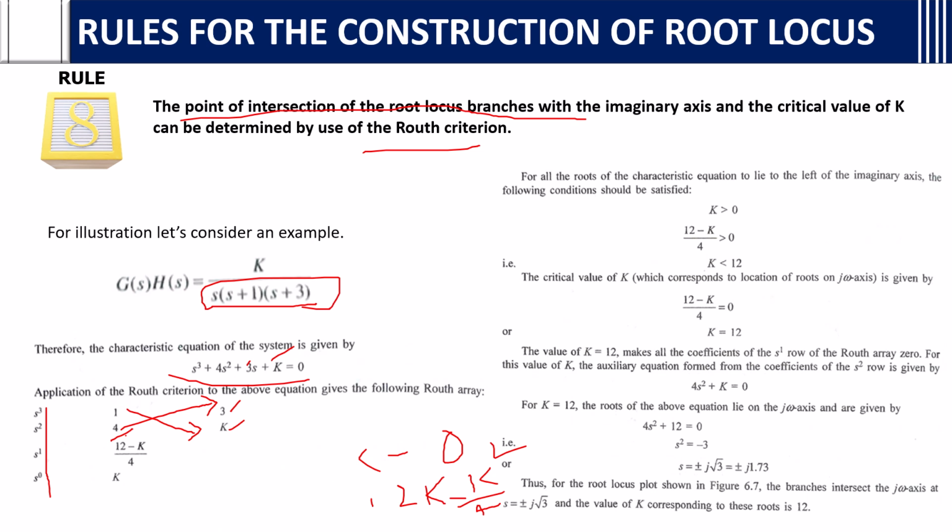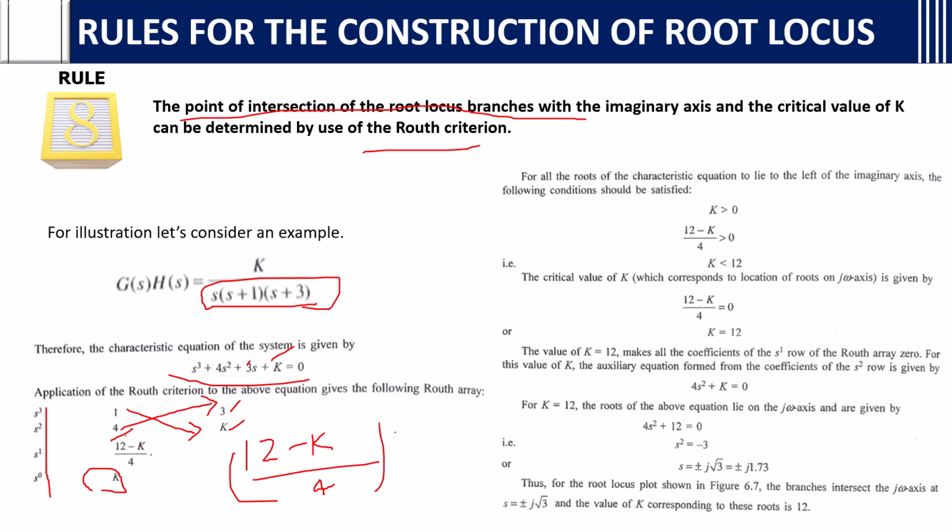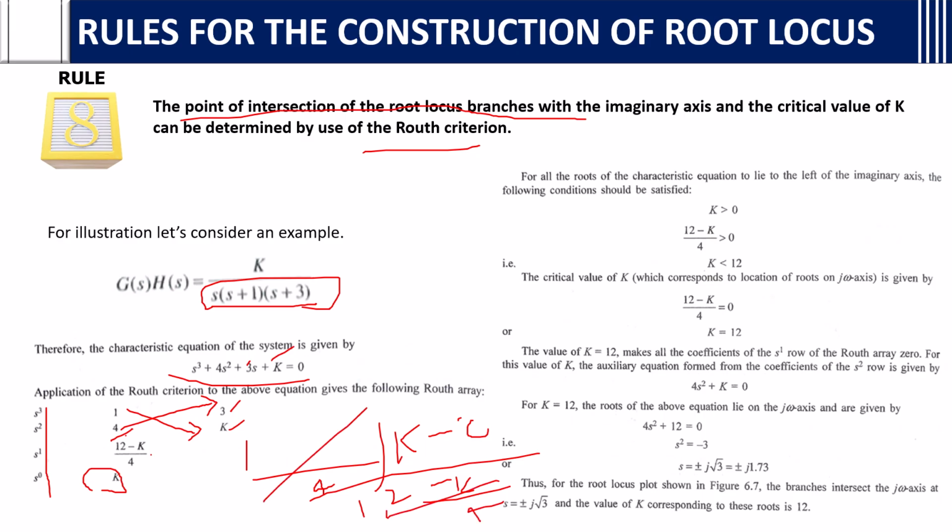Lastly, if you calculate this, you will get k as the value. Again, what you will do: this into this. 12 minus k by 4 into k minus 4 into 0 anyway, 0 by 12 minus k by 4. This and this get cancelled, and you are left with k. Understanding? So the root criterion is done.